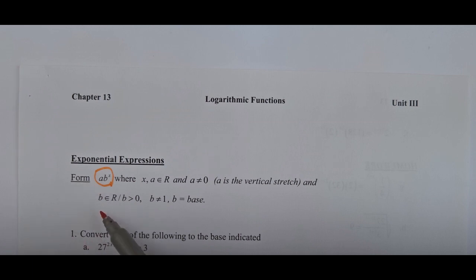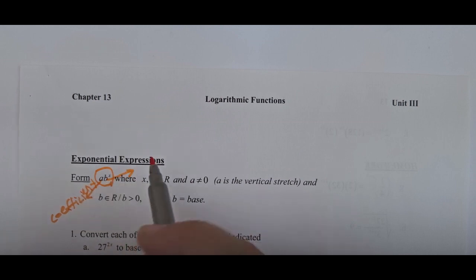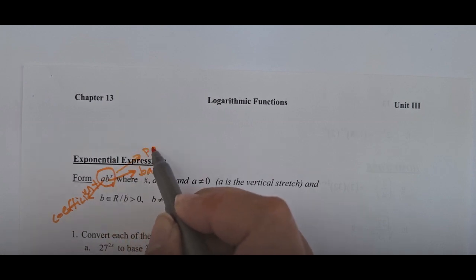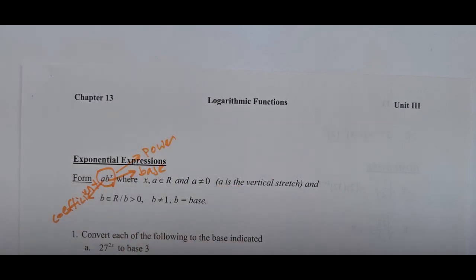Here we know that b is a real number, and it should be greater than 0. It should not be equal to 1, and b is called the base. So in other words, a is the coefficient of the exponential function, b is the base, and x is the power, or sometimes they call it the exponent.